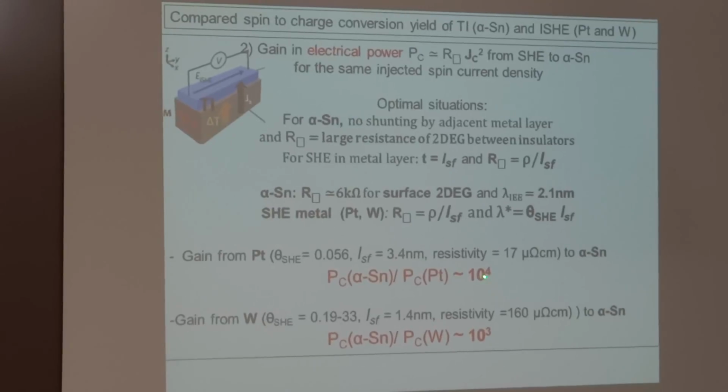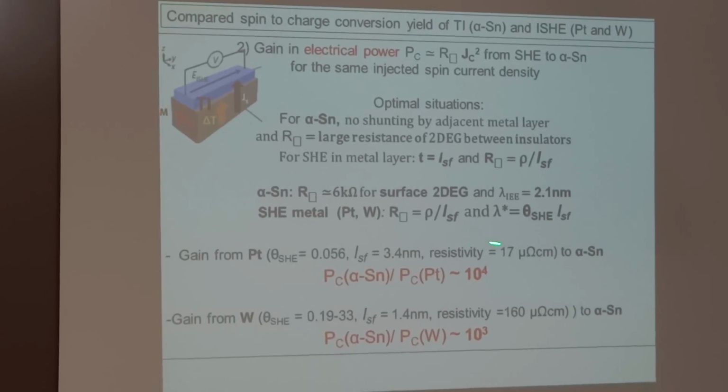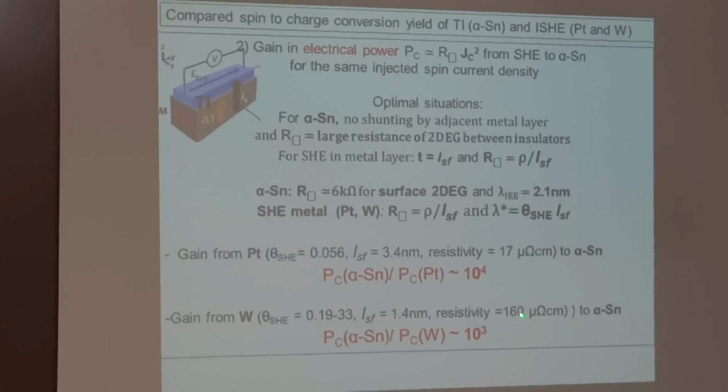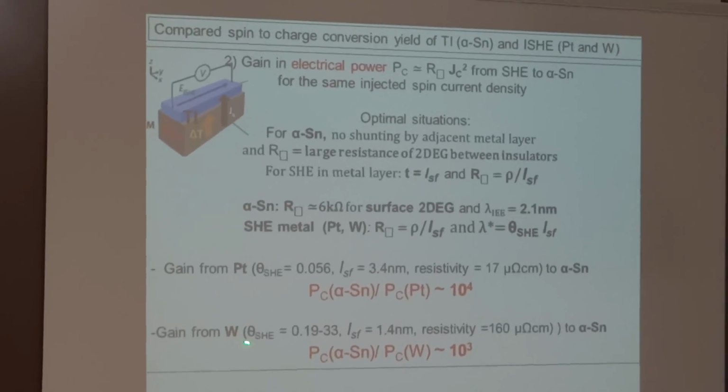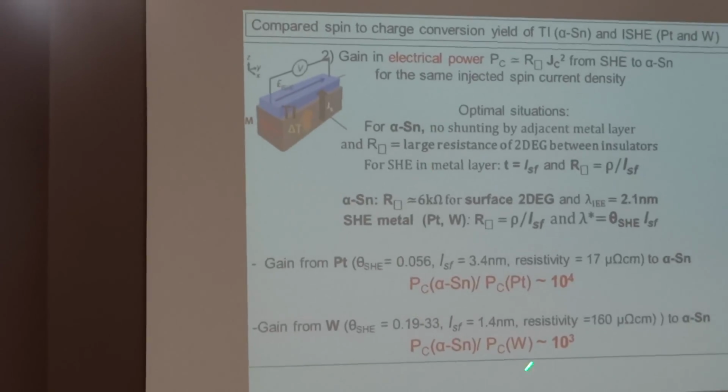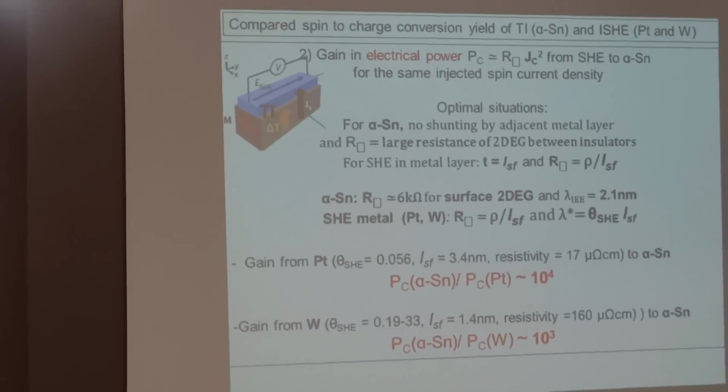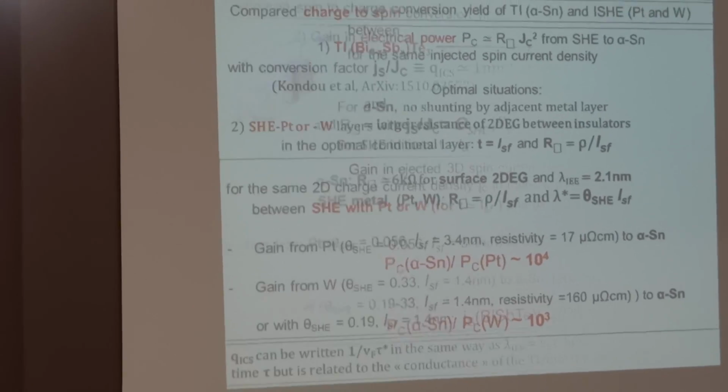So 10 to the fourth if one compares alpha-Sn and platinum, and 10 to the third for comparing tungsten. So for this sort of application, there will again be a much stronger advantage.